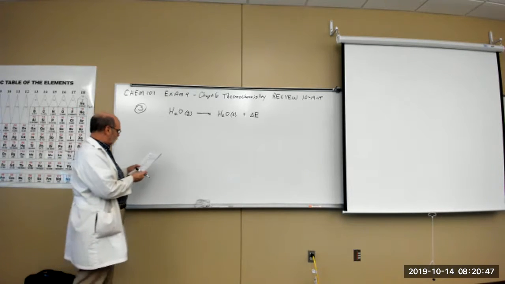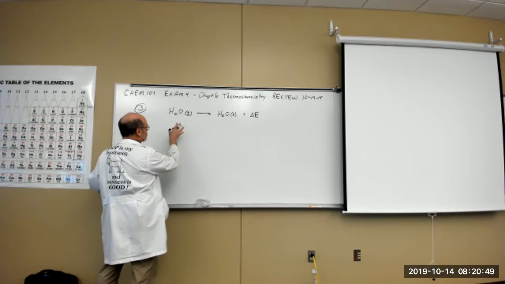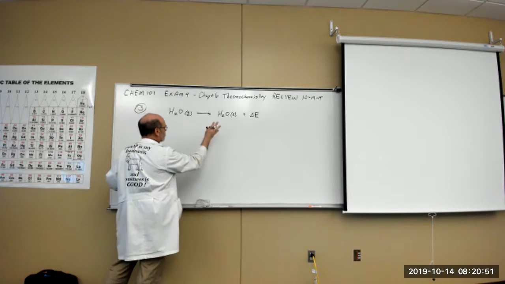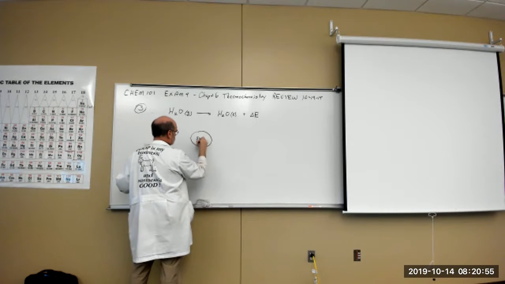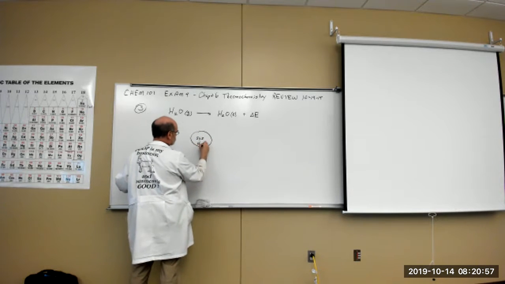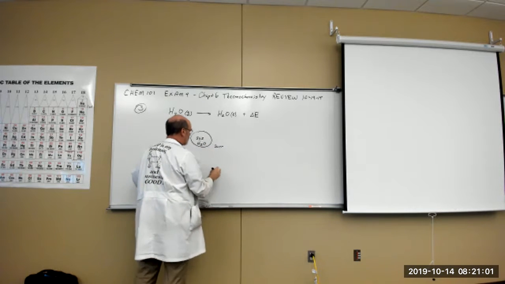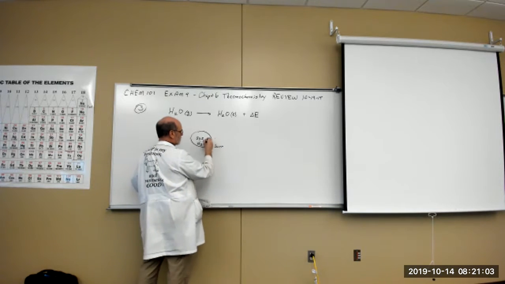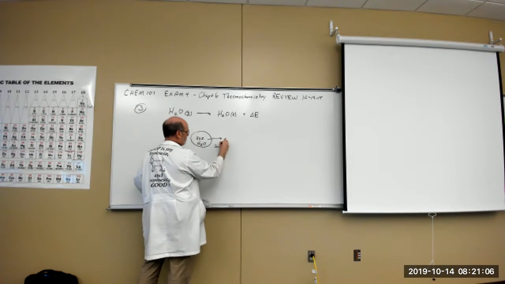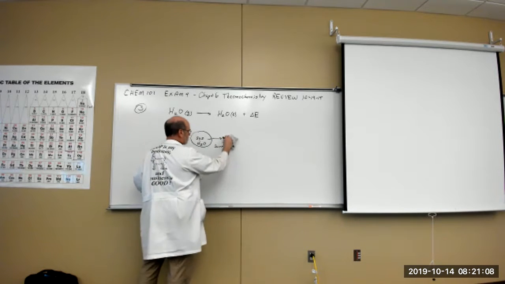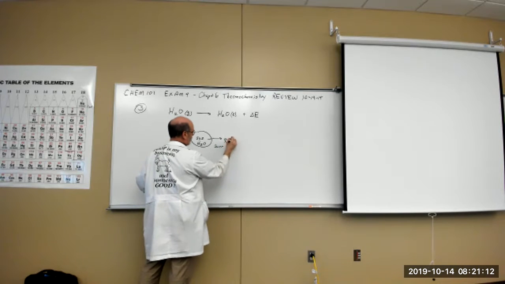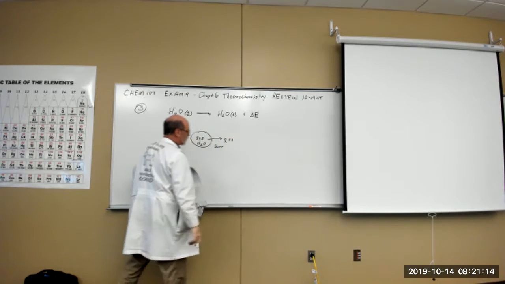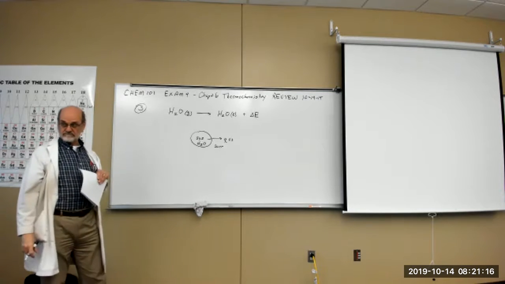Okay, so if the gas is giving up energy to make liquid, so here's our system, and the system is composed of the water. There's the surroundings. If it's exothermic, right? Oops, not G, Q. That means Q is negative, right?